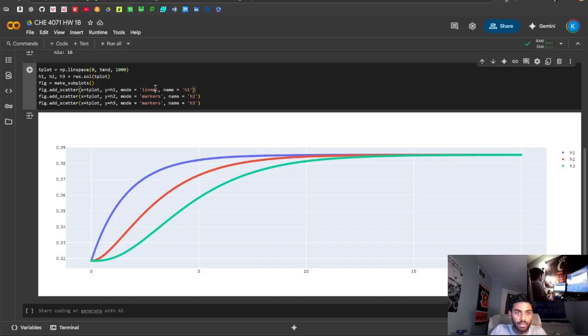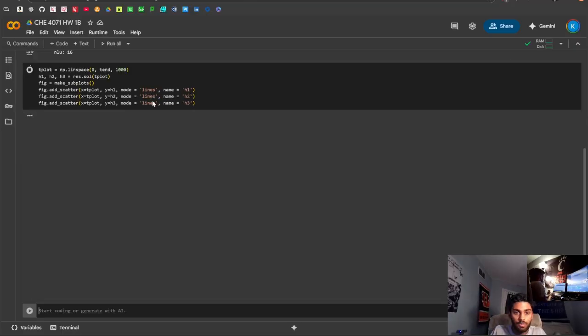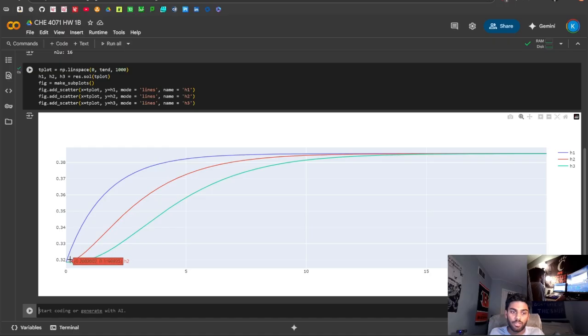Maybe just change this to lines. We don't need markers. This isn't really plotting data. It's just plotting a solution. There you go. Looks a lot nicer now. We see that tank 1 increases the greatest. It has the greatest rate of change compared to the other two tanks.